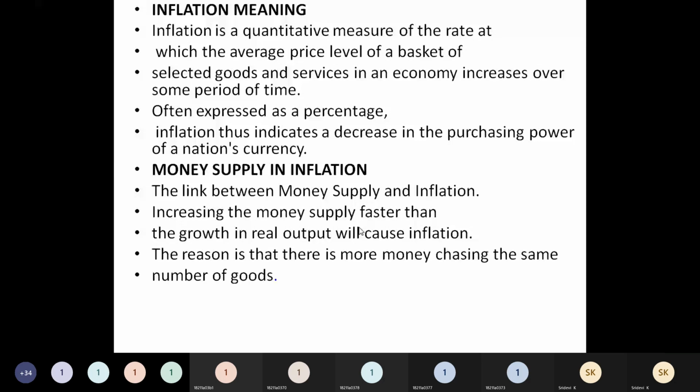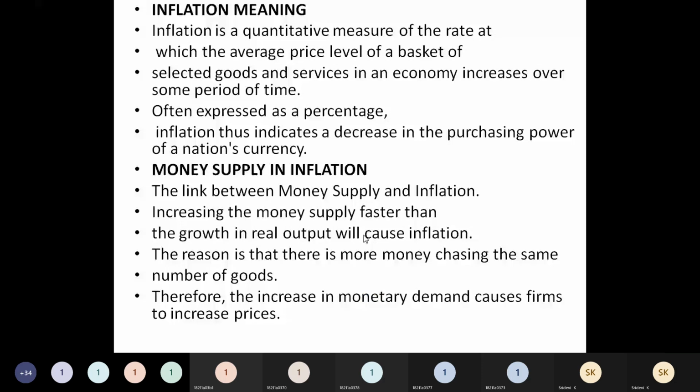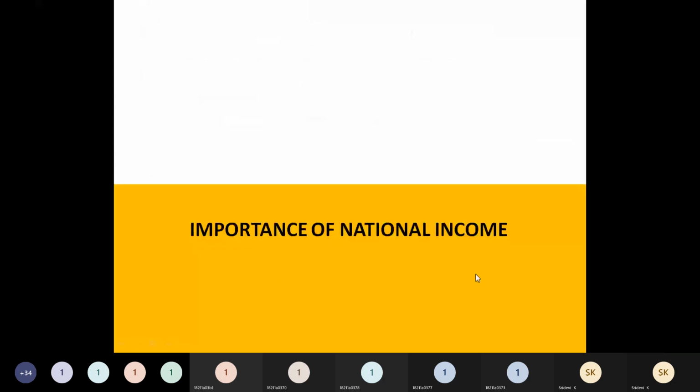So even though more money is there, that is not enough in case of inflation. If the money is not enough to purchase anything, automatically what happens? The increase in prices takes place because they need to earn more, no? So that is what it is, national income.